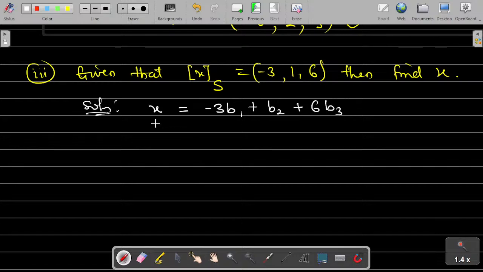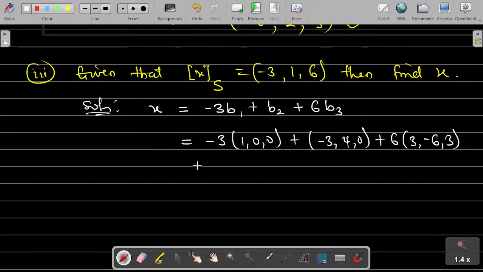This particular question is so beautiful. So let's try that. So you substitute. We have our b1 as 1, 0, 0, and we have our b2 as minus 3, 4, 0, and finally we have our b3 as 3, minus 6, 3.